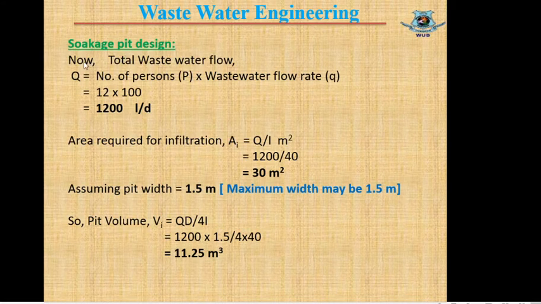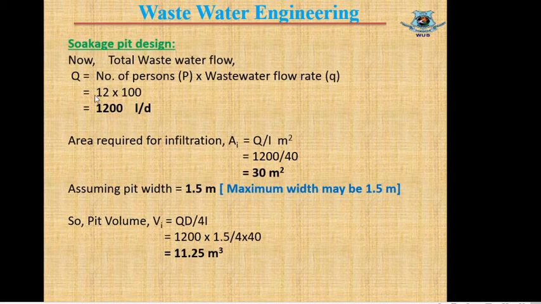Now let's design. To design the showcase pit, first we need to calculate the total wastewater flow. Here total wastewater flow Q equals the number of persons P times the wastewater flow rate. We know P equals 12 persons, stated in the question, and the wastewater flow rate equals 100.